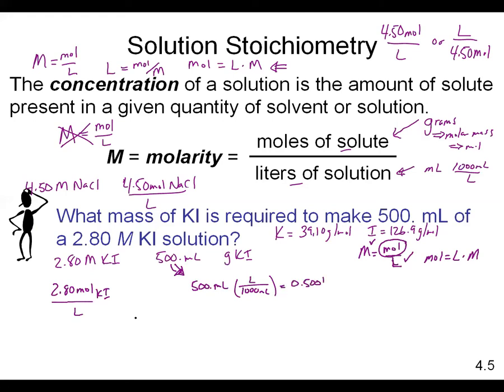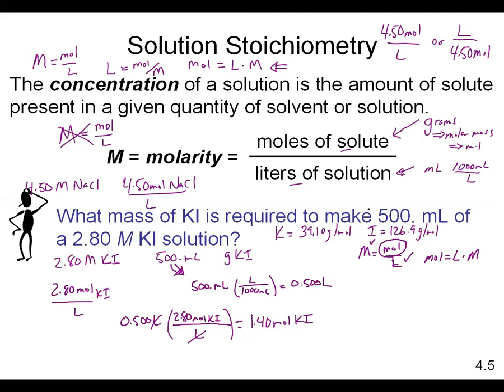So we could take our 0.5 liters, which is our volume. We could use our molarity like a conversion factor, just the way it is, 2.8 moles on top, liters on the bottom. The liters will cancel each other out, and that would get us 0.5 times 2.8 gives us 1.4 moles of KI.